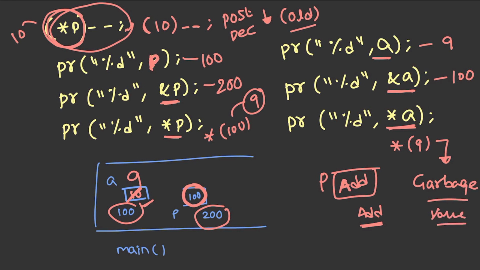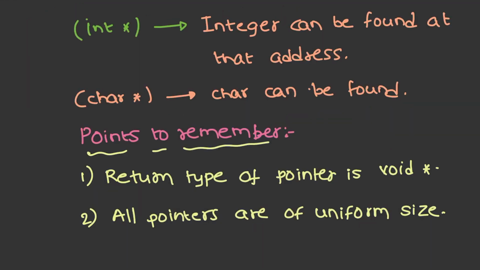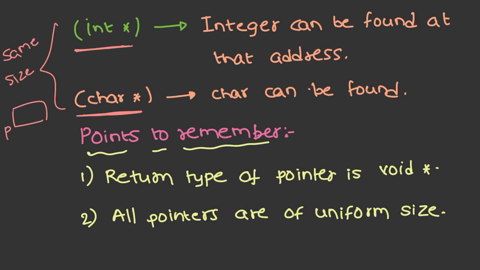We have discussed a lot about pointers, and before working with the pointers, there are some of the things you need to understand. Let's take for example, if you are having an integer pointer or if you are having a character pointer, both of them tend to have the same size. That is because if you just remember, pointer is storing the address, and address in C programming is hexadecimal digit, which is an unsigned integer.